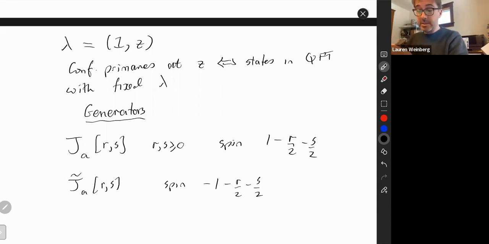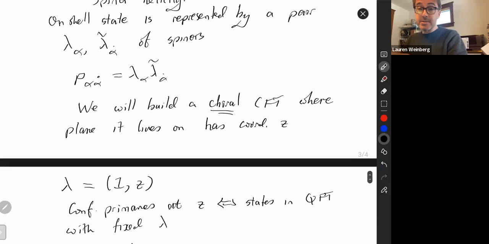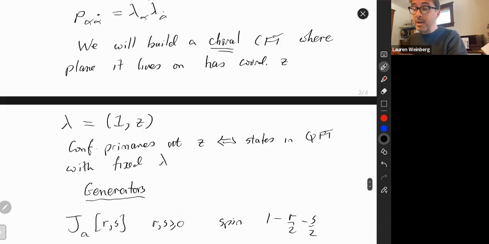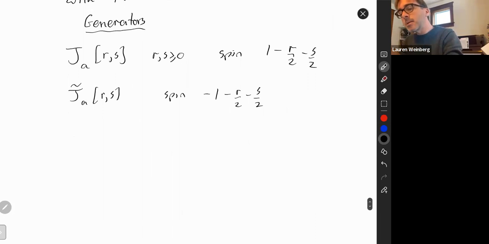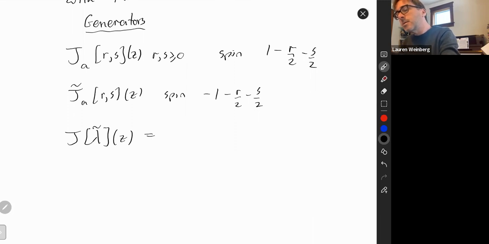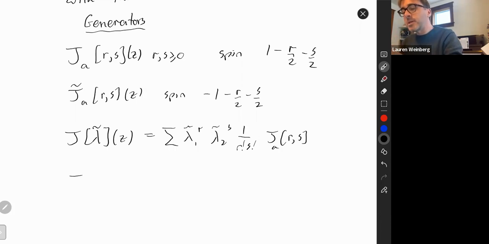These two sets of generators are going to correspond to the states of positive and negative velocity once I arrange them into a generating function. So that J of lambda tilde is the current, and similarly for J tilde.